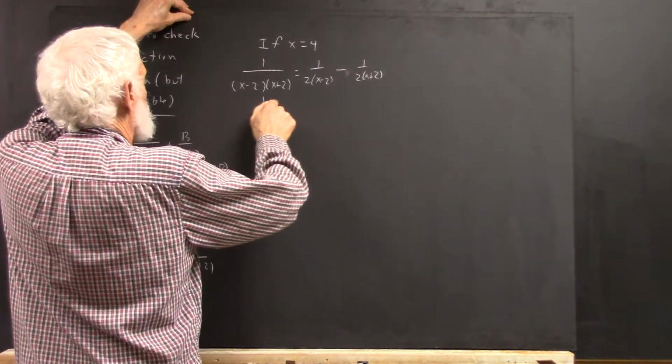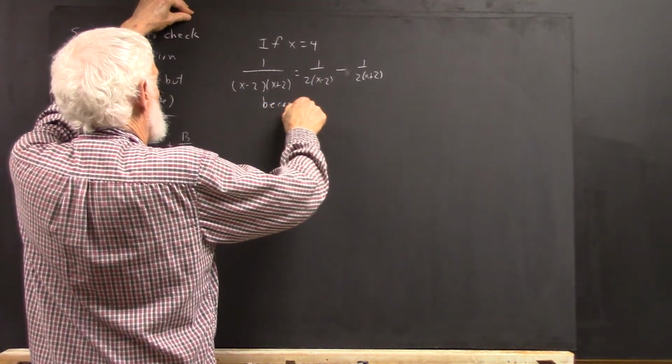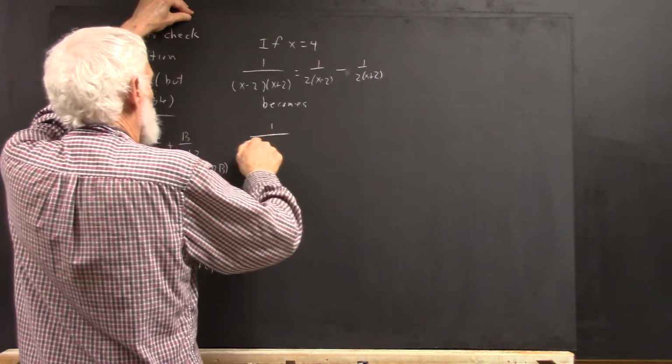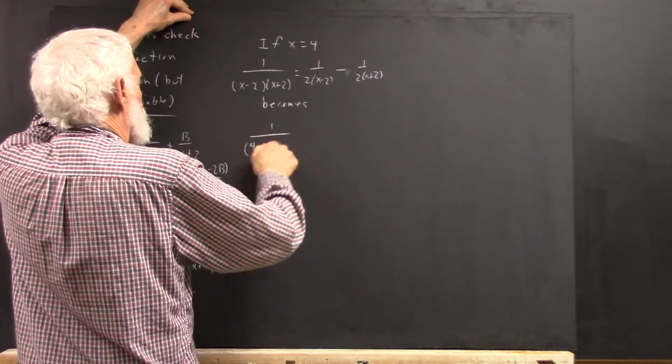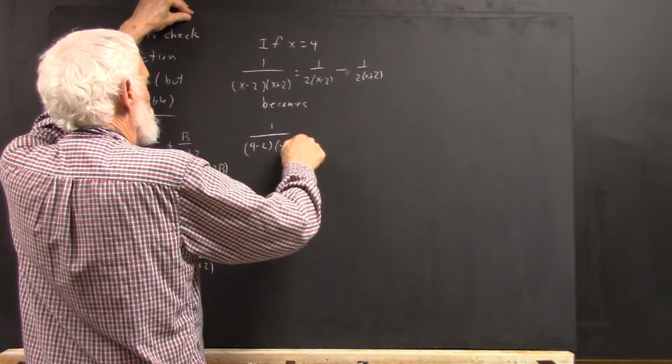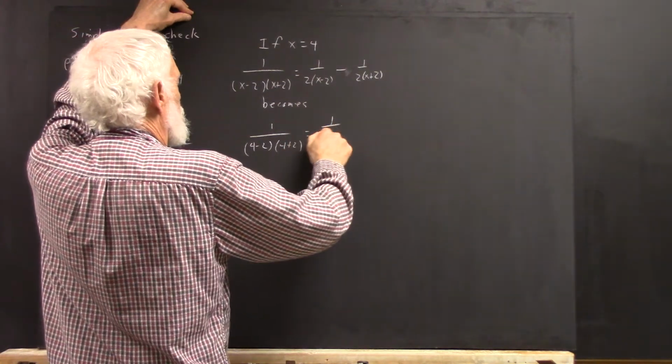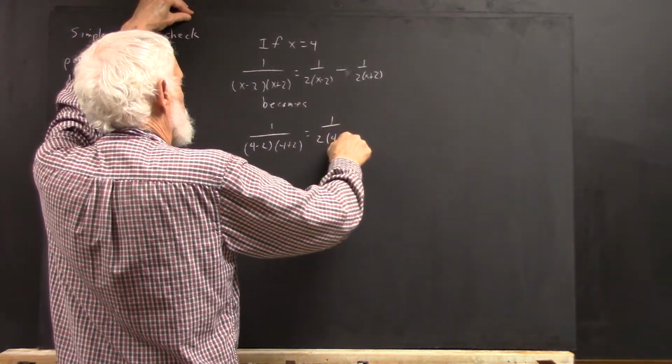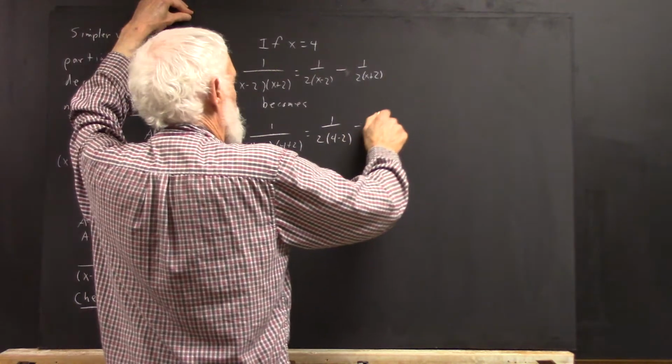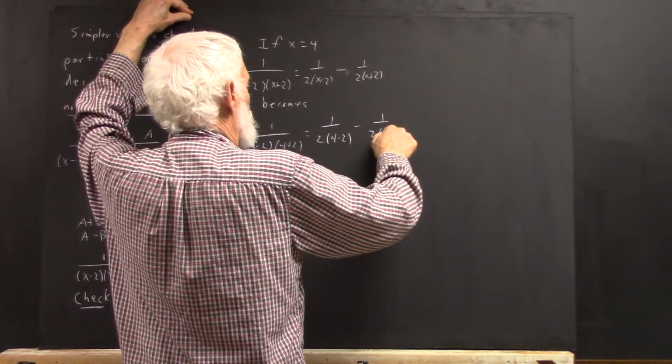Okay, this equation becomes 1 over (4 minus 2) times (4 plus 2) equals 1 over 2 times (4 minus 2) minus 1 over 2 times (4 plus 2).